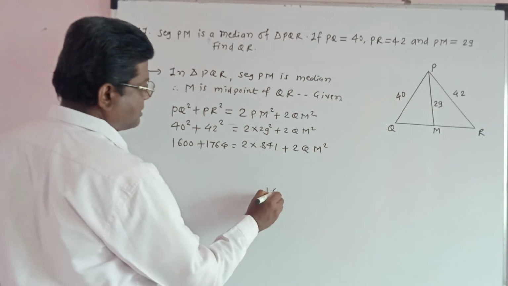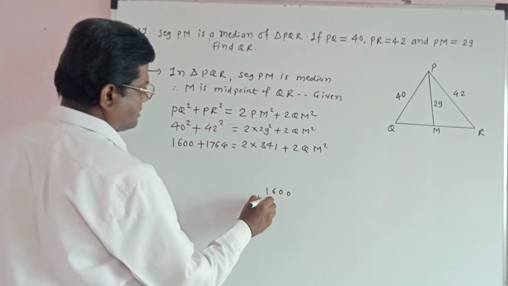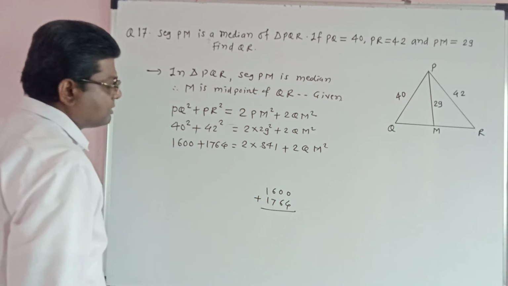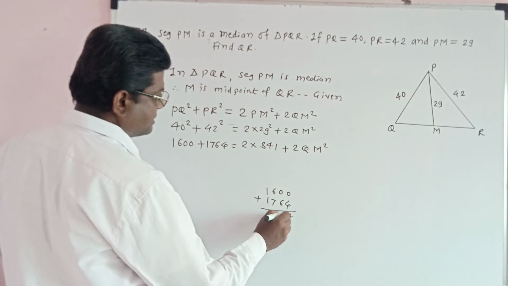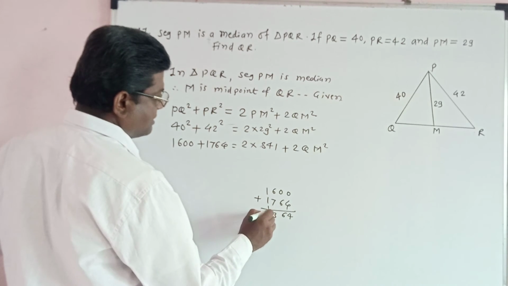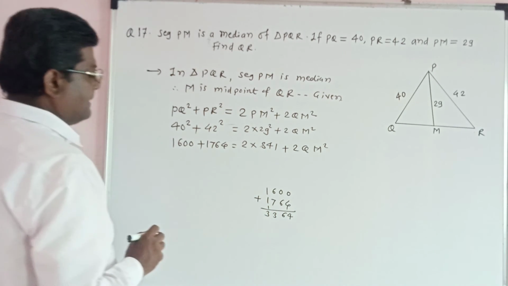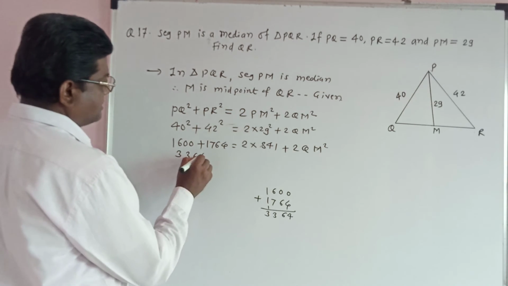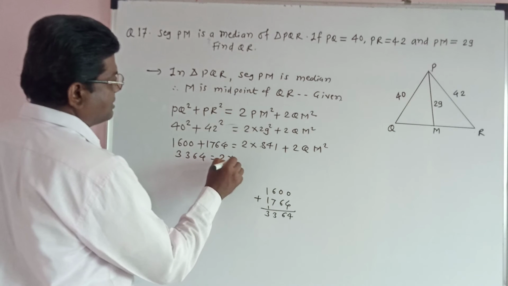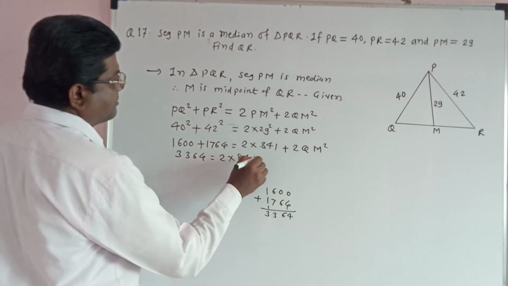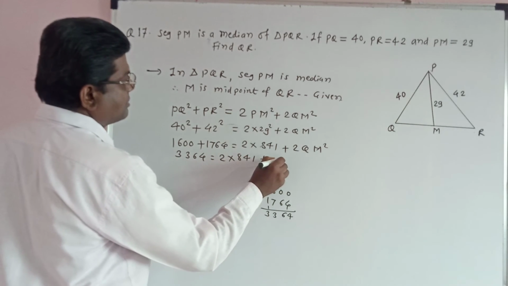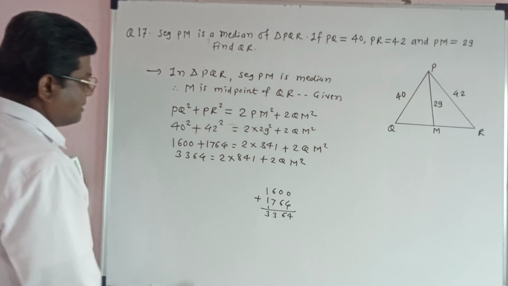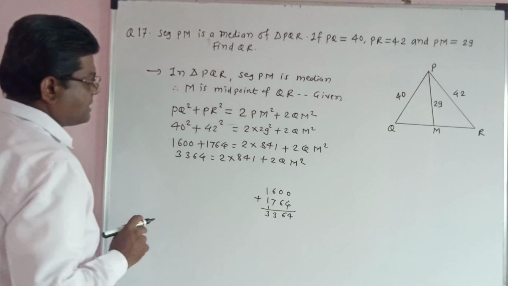Now this 1600 plus 1764 will be 3364, which is equal to 2 into 841 plus 2 into QM square. Now divide both sides by 2.